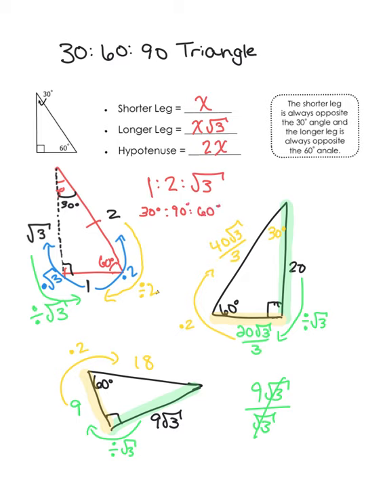Either way, 1, 2, square root of 3, and 30, 60, 90. 1, 2, square root of 3. Okay? Good luck.